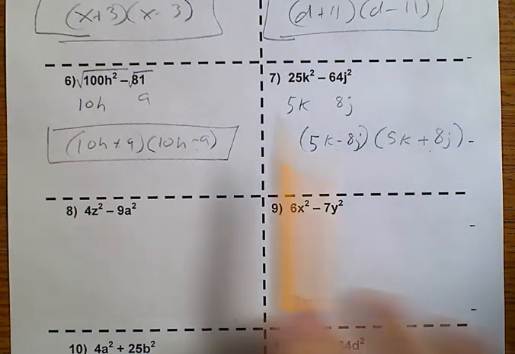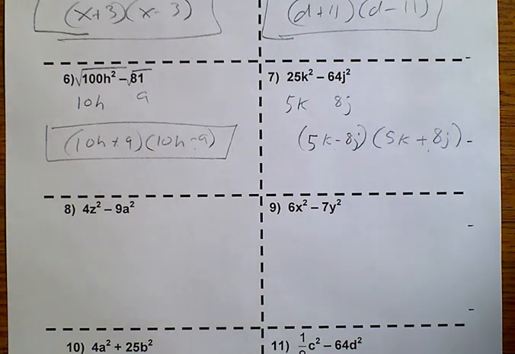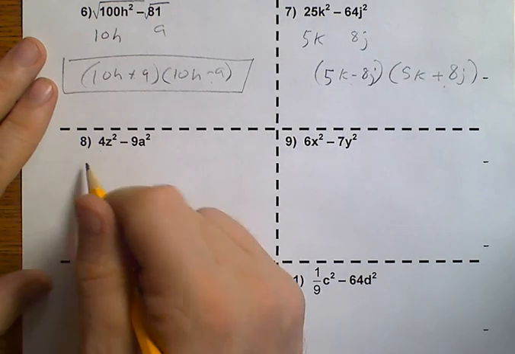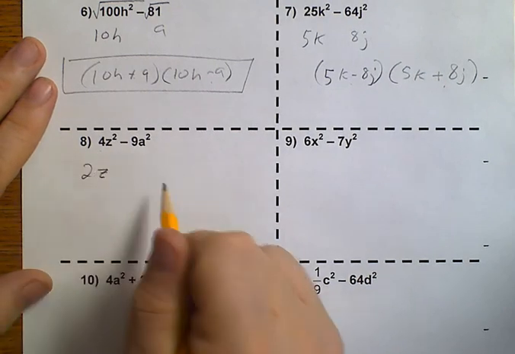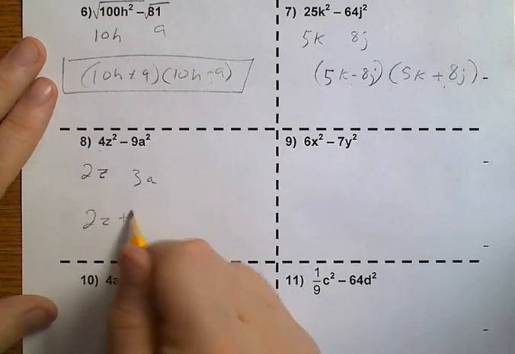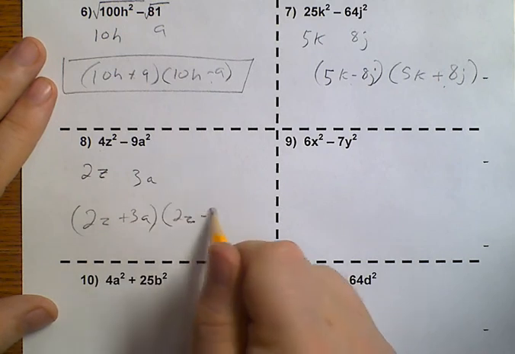Notice that the square root of k squared was k and of j squared was j. Moving on to number 8. 4z squared would be 2z. 9a squared would be 3a. So we have 2z plus 3a, 2z minus 3a.